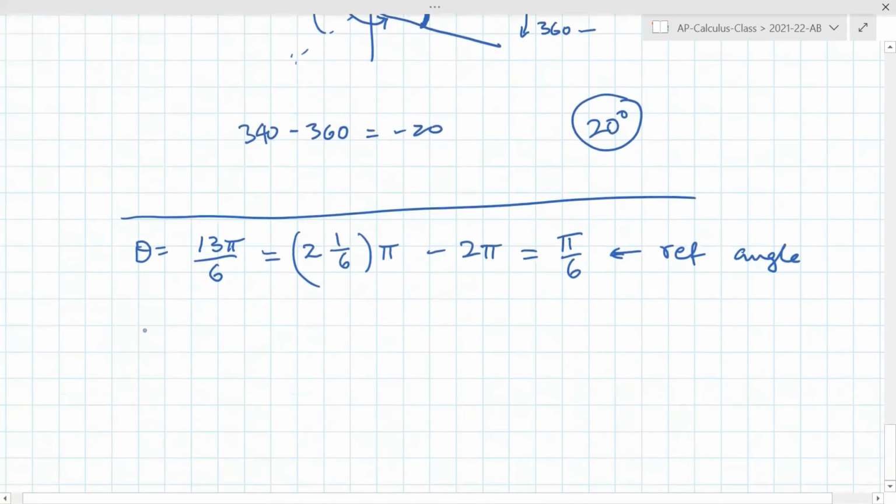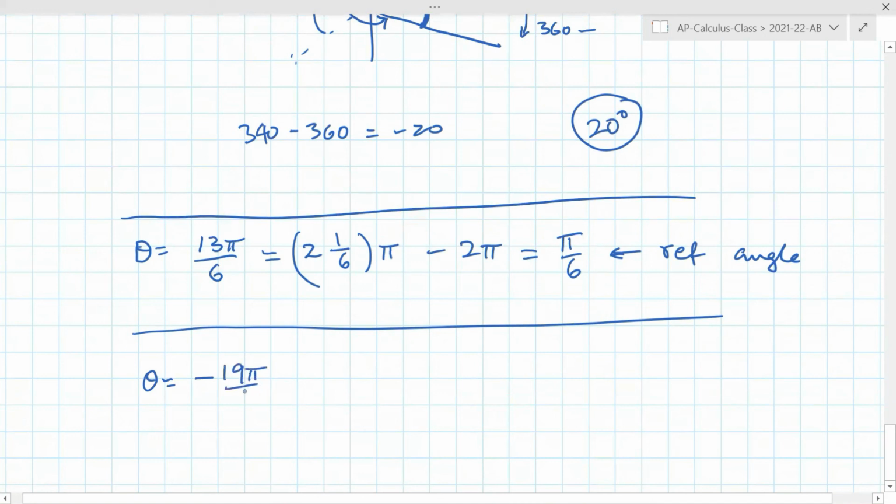If I have theta as negative 19 pi over 6, I can write this as: 19 over 6 is 3 and 1/6 pi, correct?